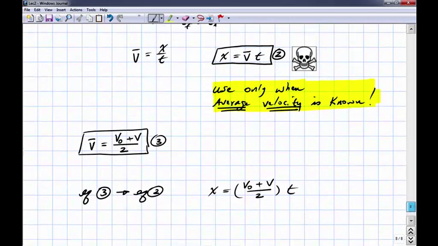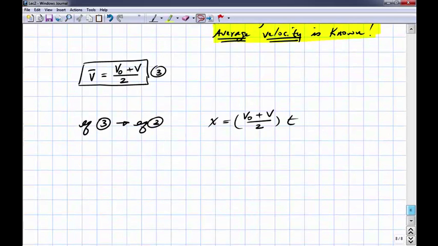And I hope you can see what I've just done. The equation looked like v bar t. I erased the v bar and put in its equivalent, which is v0 plus v over 2 times t. This is equation number 4.